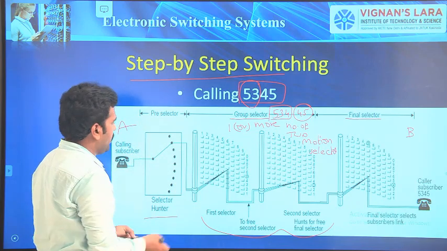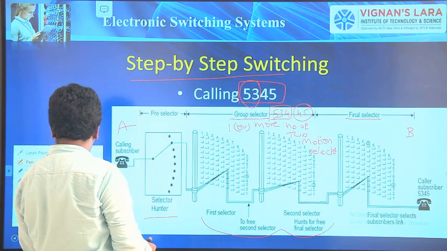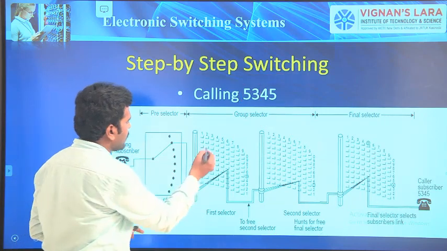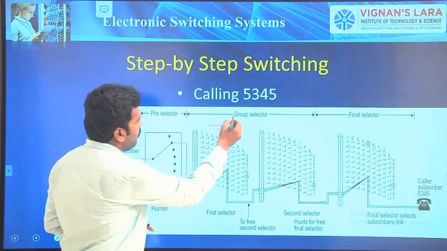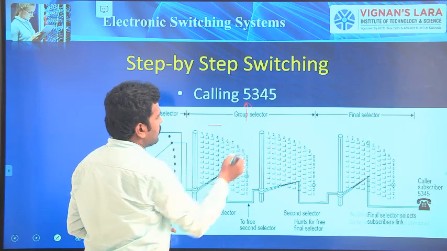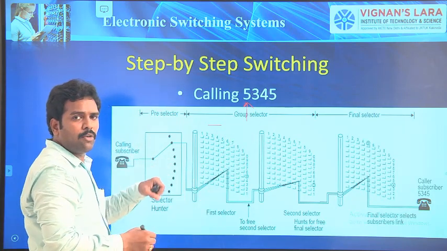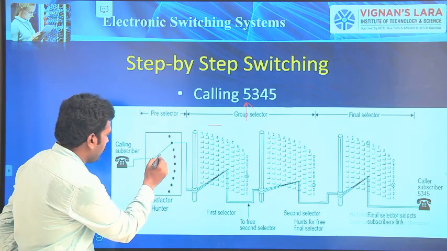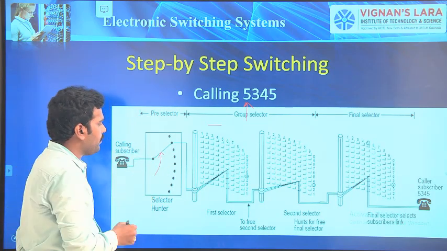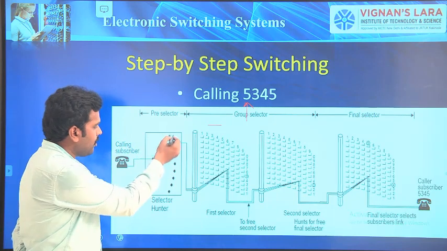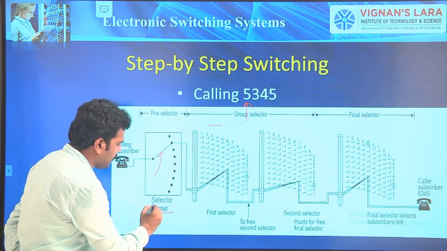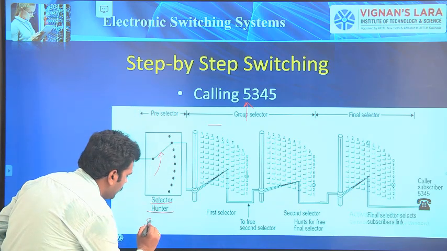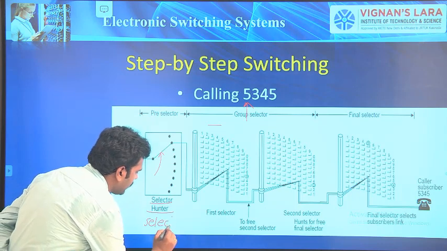So in this example, when I am dialing 5, what do I have to do first? I have to hook up the telephone set. Then this wiper is going to look for a free outlet. That is called a selector hunter or selector finder.